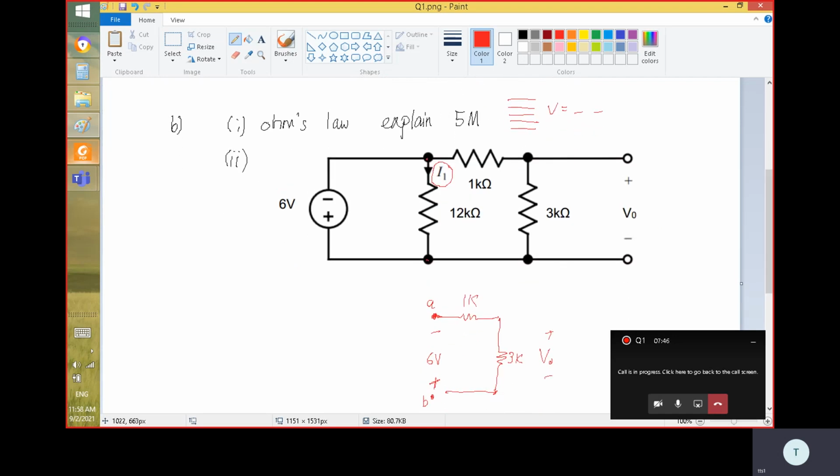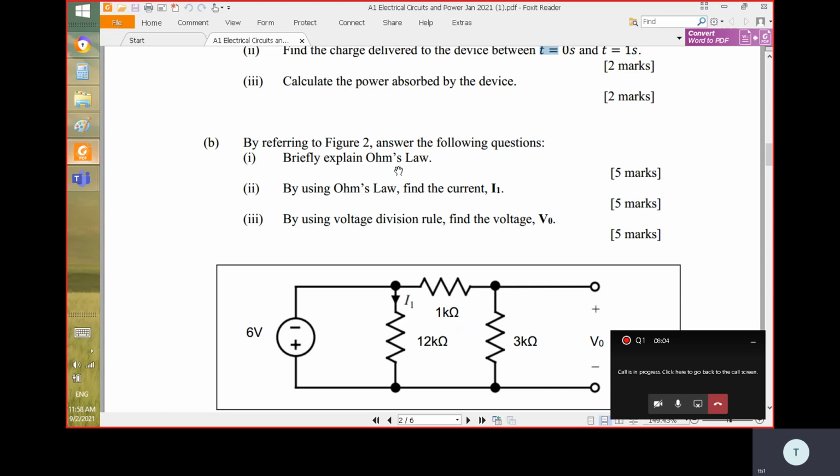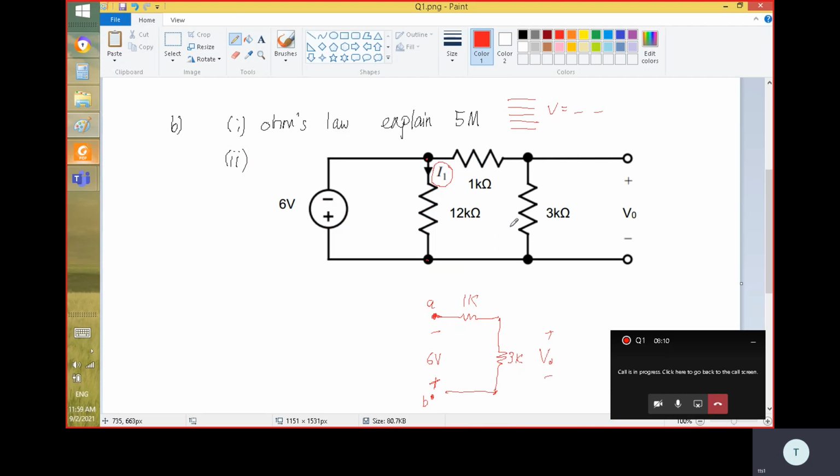Okay, on part 2 here, you are given a circuit with one voltage source and 3 passive components. Then we have a V out measuring this 3K. We take this 3K voltage as V out. If you look at the first part, it asks you for the current I1, which is this I1 here.